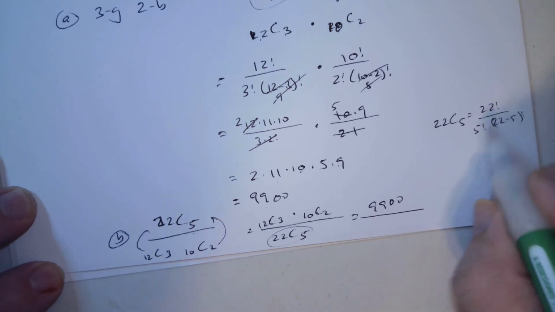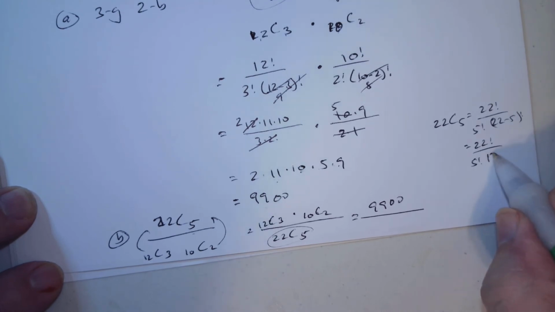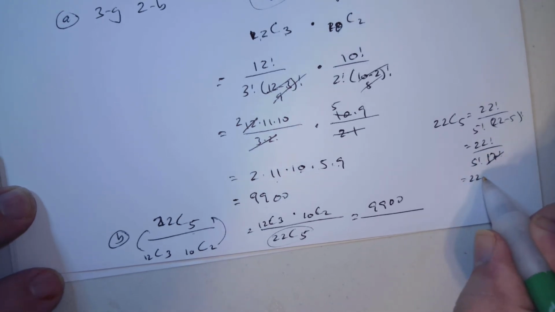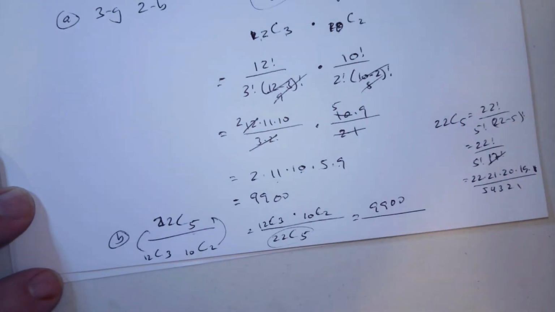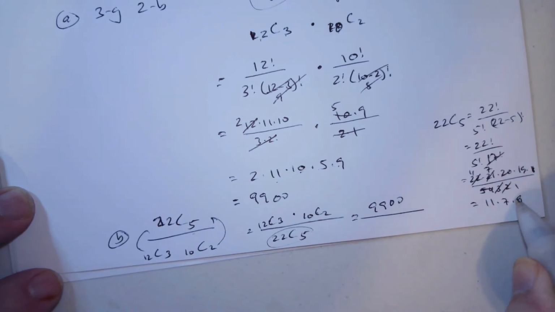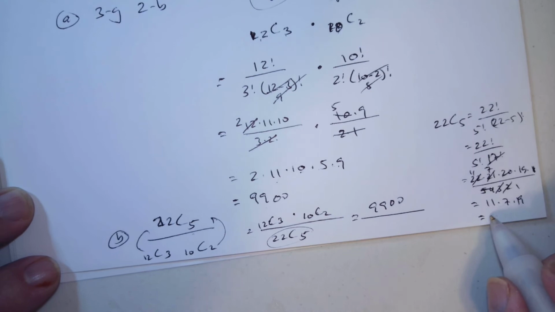22 minus 5 is 17. So 17 factorial is gone, so it's 22, 21, 20, 19, 18 over 5 times 4 times 3 times 2 times 1. 5 times 4 is 20. 3 goes into 21 7 times. 2 goes into 22 11 times. 11 times 7 times 19 is 26,334.